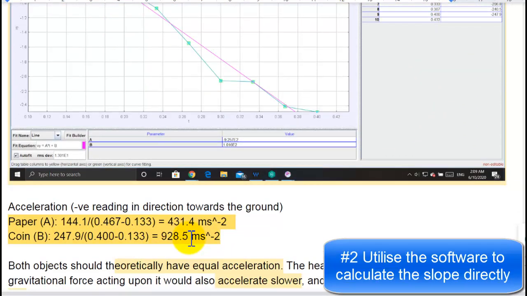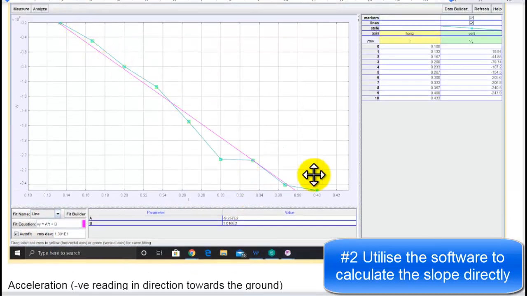In fact, what you can do is simply read from the software right here the value of the equation. The equation is at + b, and therefore the a actually represents the slope of the line that you are drawing here. This is something that you should do instead, by taking advantage of the technology.